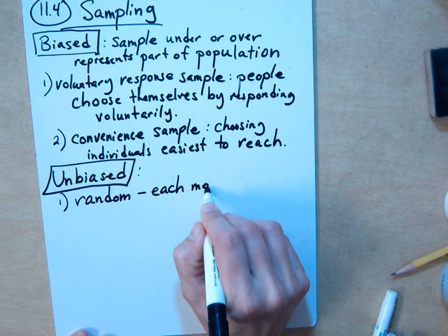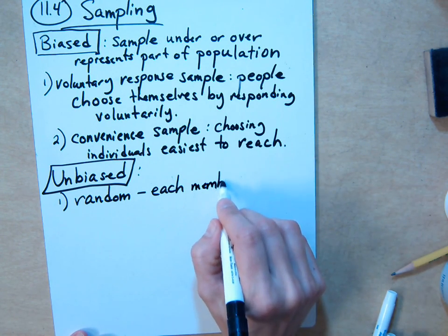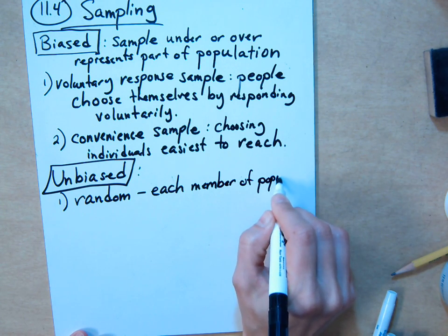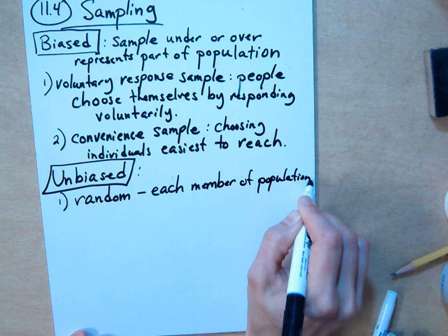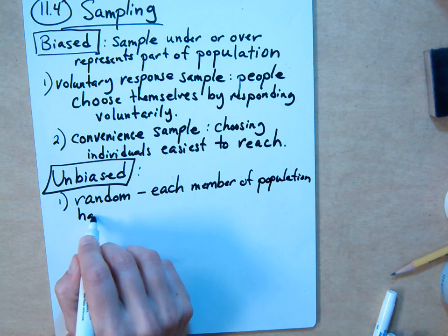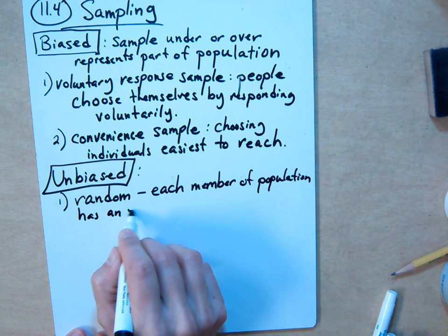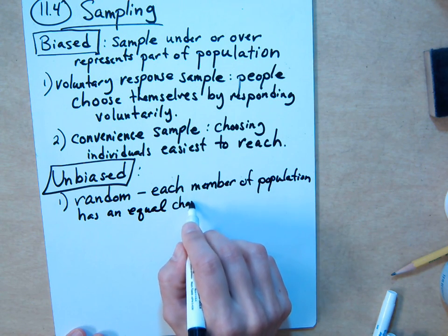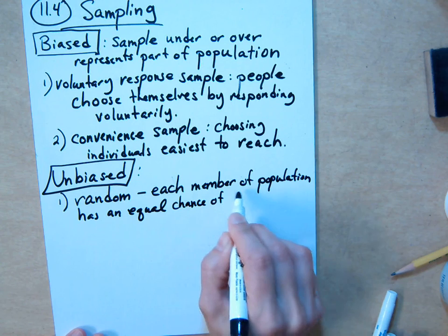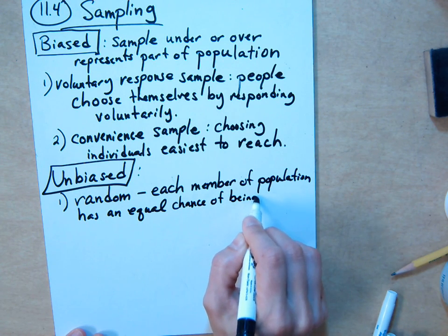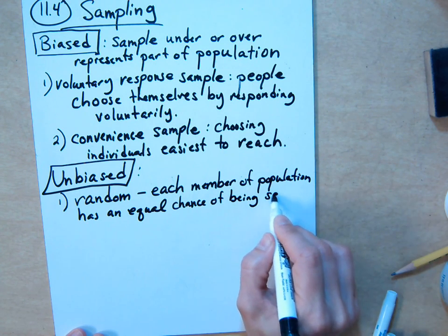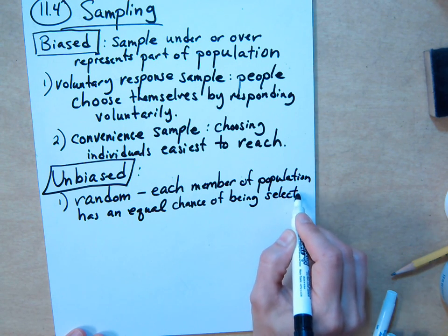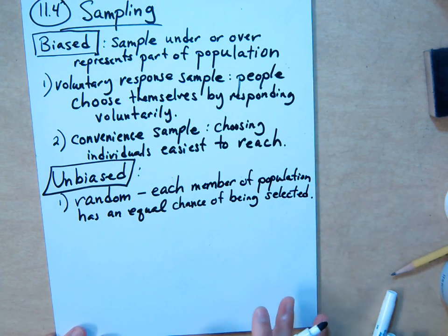So each member, in our case, each asteroid, each member of the population, has an equal chance of being selected, random. And sometimes surveys are conducted and they're not random, and you're not told that. And these are some things that you should question and wonder about.